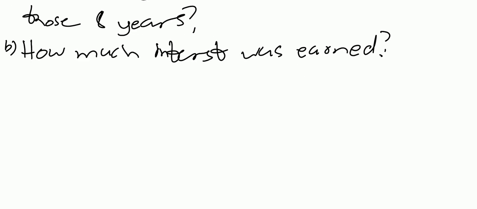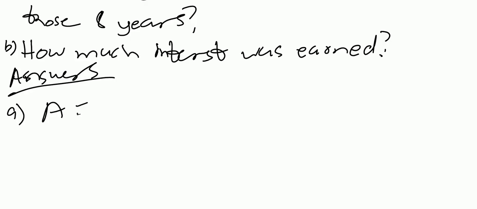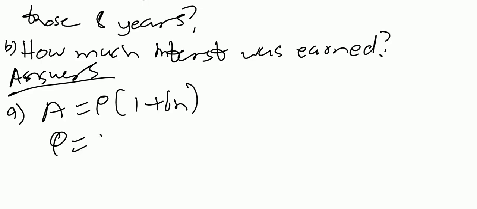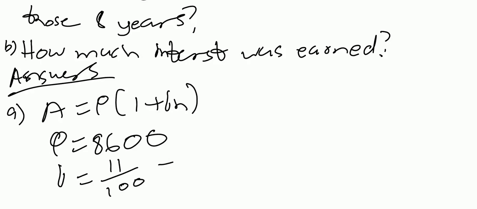Remember, our simple interest formula says A is equal to P into 1 plus IN. So, what is our initial amount? We invested 8,600, which will be our P. The interest is 11% per annum. Remember, I said you take the interest and divide it by 100.